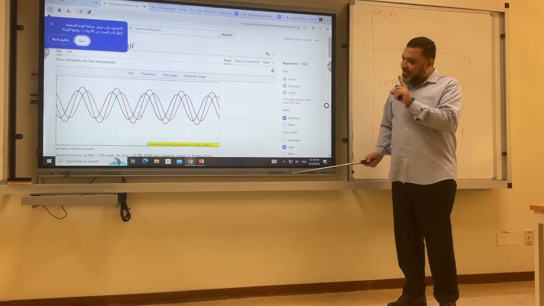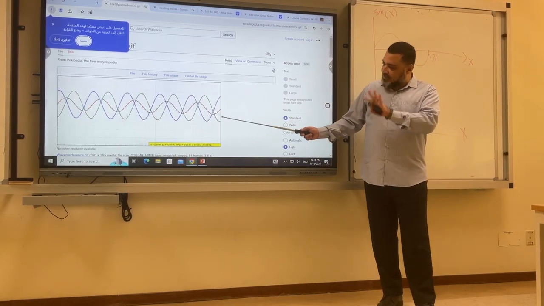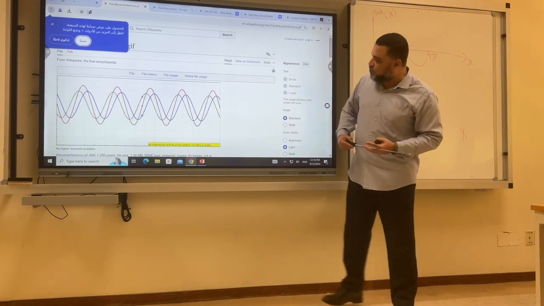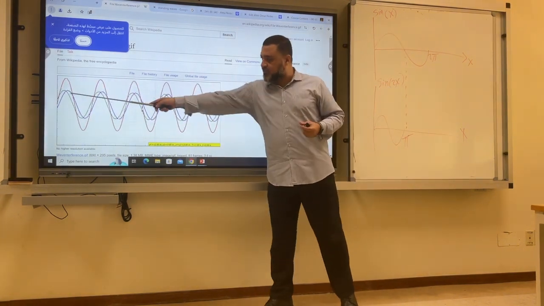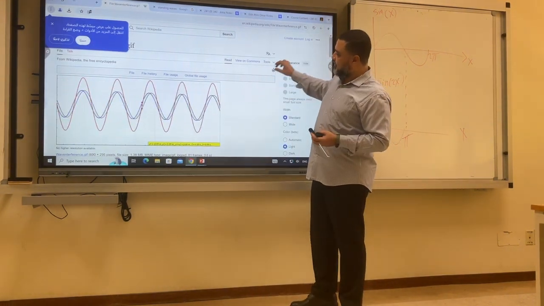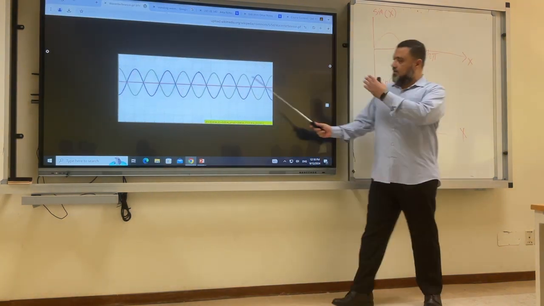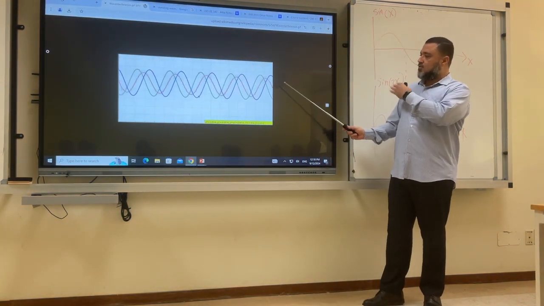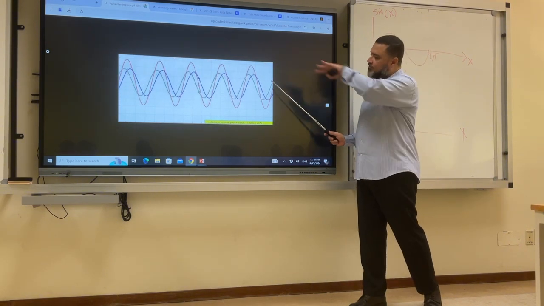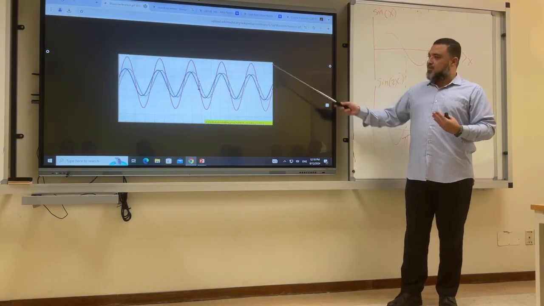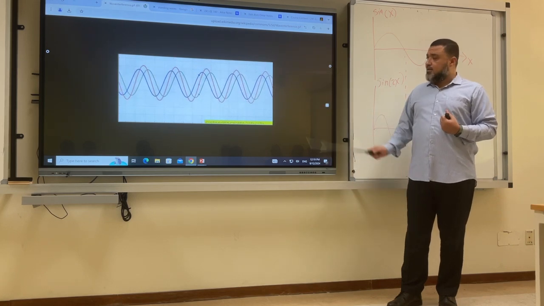This animation explains why the red signal is a standing wave. The green one is a traveling wave. The generator is here and the load at the other side. The green one is the traveling wave, the incident wave, the blue is the reflected wave, and the red one is the summation. Green plus blue gives you the red one, which is the standing wave.